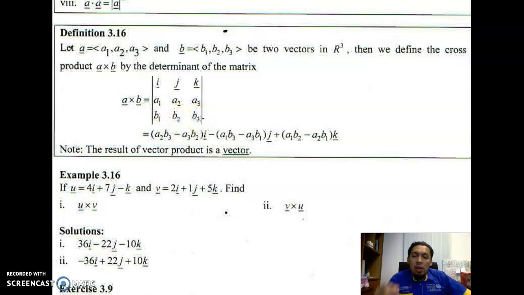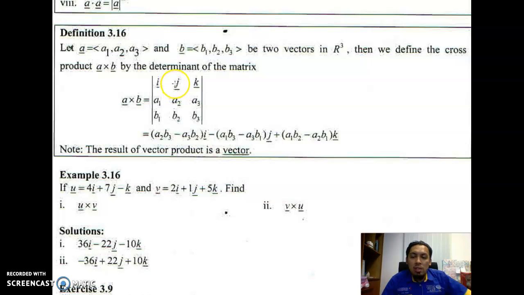I'm talking about the elements of the matrix. In a cofactor, remember when we find the cofactor, we need to compute negative 1 to the power of i plus j. For this one, this is A11, so when you add 1 and 1, you get 2. Negative 1 to the power of 2 gives you positive. So that's why it is positive here.